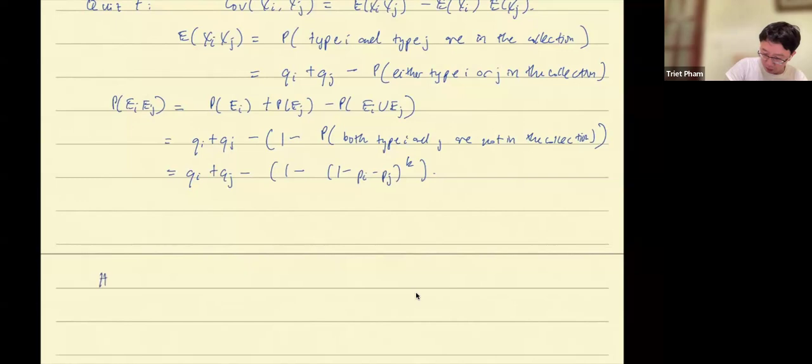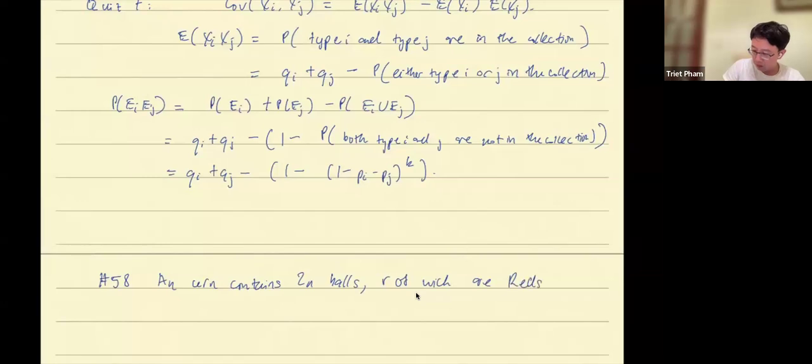So let's remind you. An urn contains, right, 2n balls, R of which, right, are reds. Okay. So 2 balls, right, are removed at a time, right? Of course, without replacement.